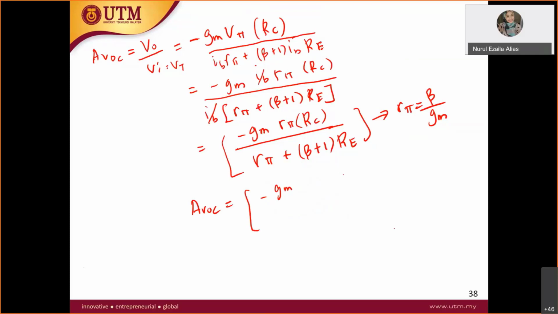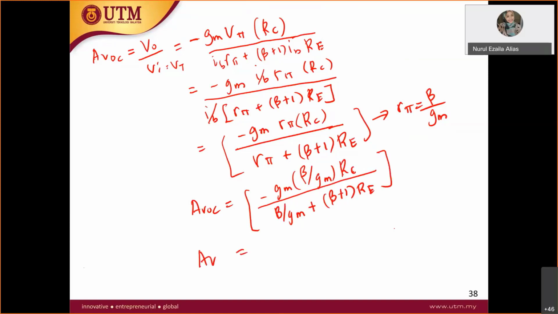Now R pi is equal to beta over GM, and then RC over beta over GM, and then plus beta plus 1 RE. So that's why finally they get AVOC negative GM RC over 1 plus GM RE.